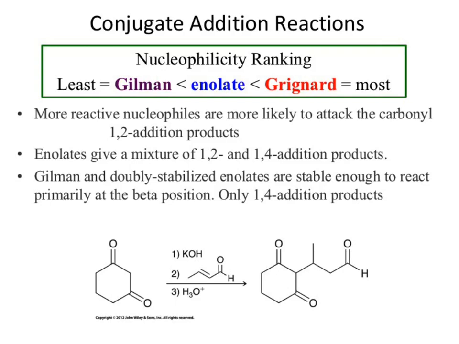Yep. Conjugate addition reactions. So the next little layer that we throw back into this is the nucleophilicity ranking. Remember we had Gilman and Grignard? Gilman were not very nucleophilic, and in fact they only did 1,4 additions. They can't do 1,2. Grignard go directly 1,2. Where are enolates? Right smack dab in the middle. The enolates will do equally both 1,2 and 1,4 additions.